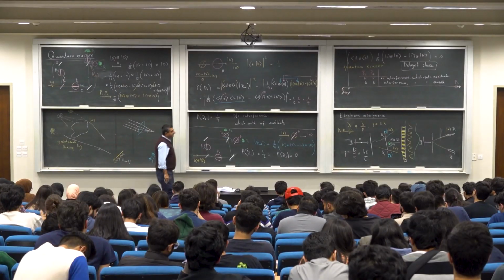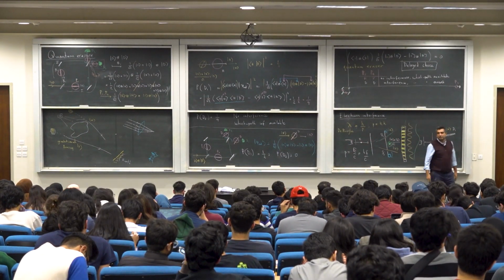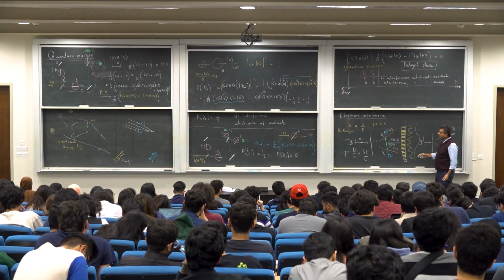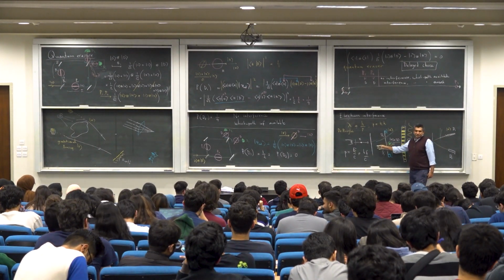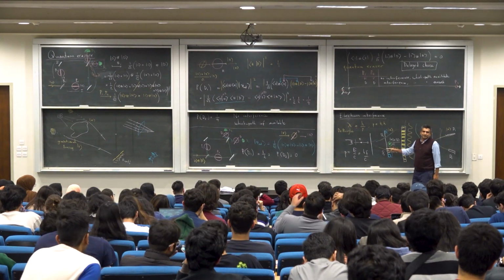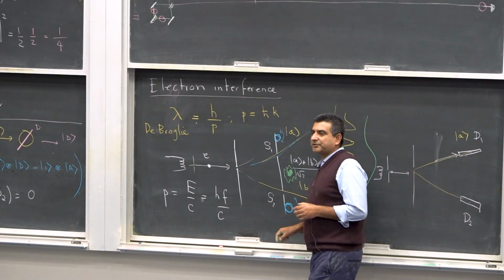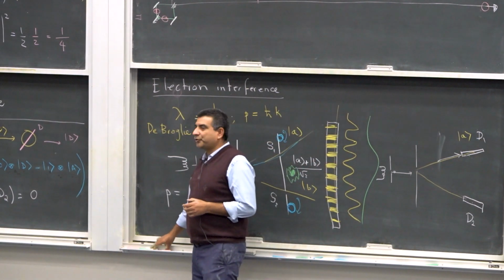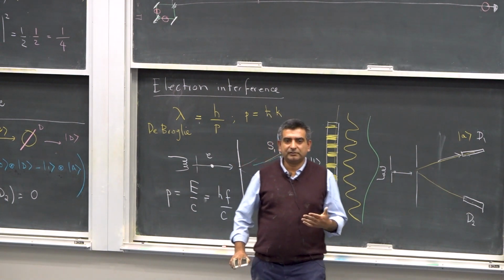By the way, in this experiment, electrons travel at slower speeds than photons, don't they? Can you find out the speed of an electron? So how do you accelerate an electron? With an electric field.